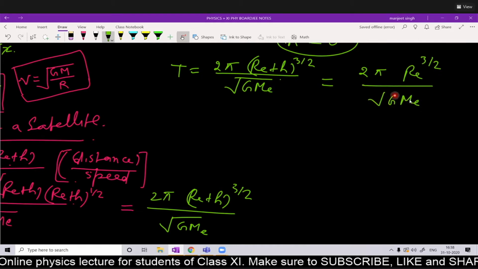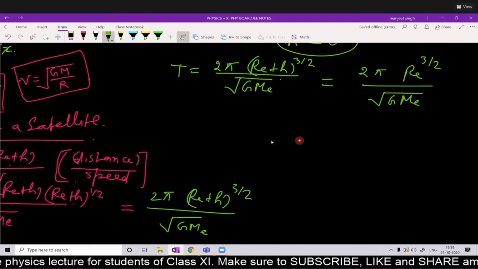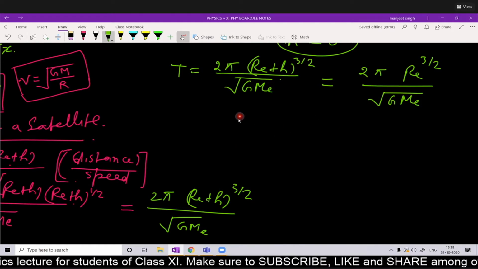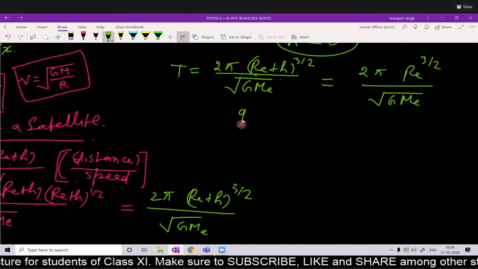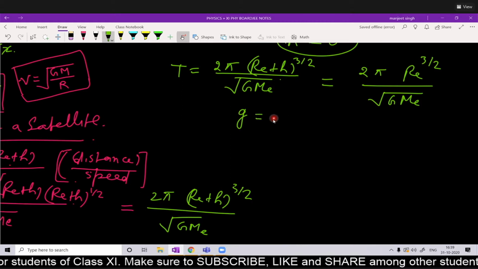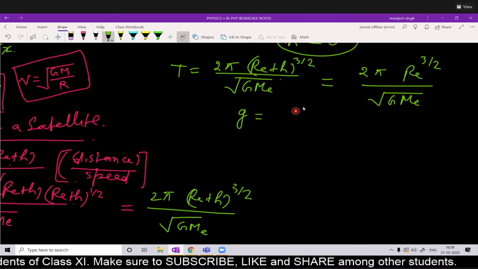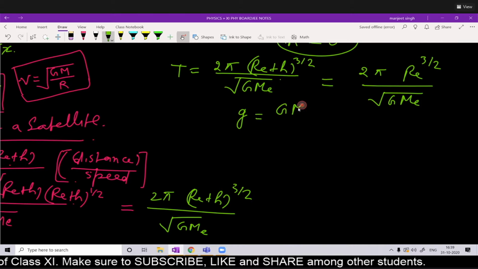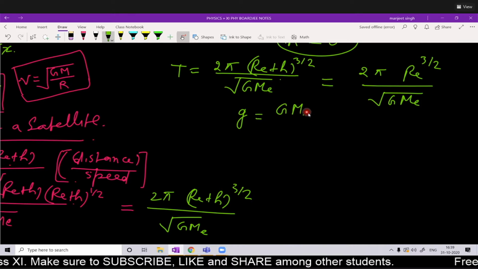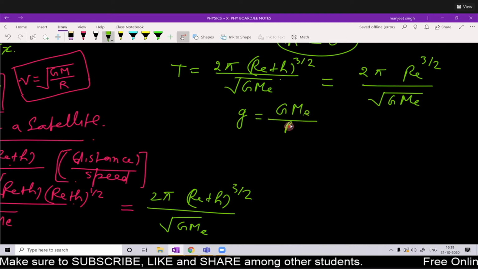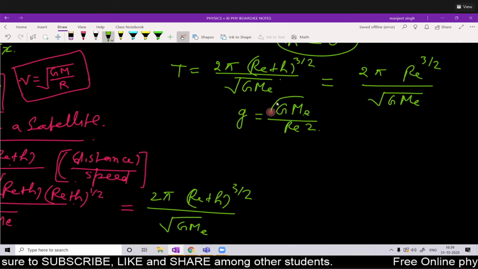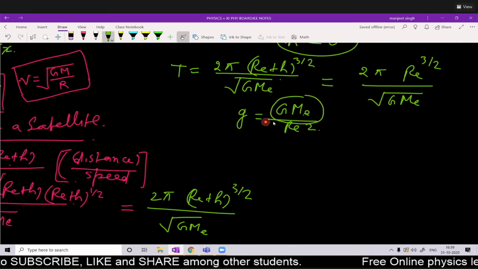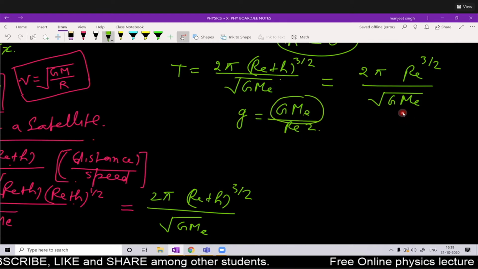Okay. Now we know a relation on Earth that the gravitational acceleration of any body on Earth is given by g equals GME upon RE square. So this value of GME we can calculate from here, g RE square, and we'll substitute here.